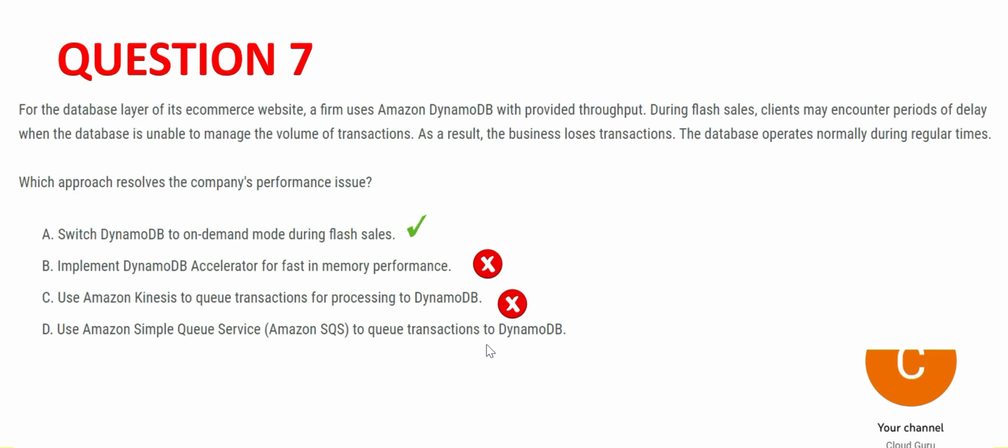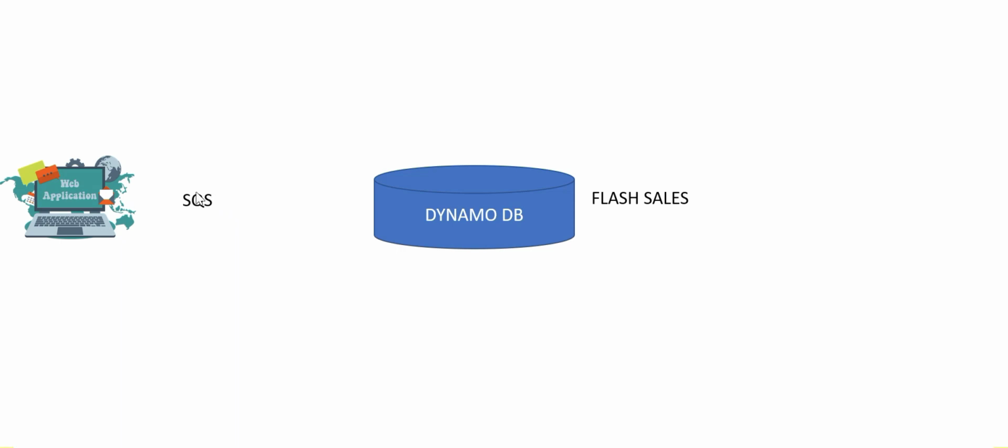On the same lines, D is also wrong because SQS would also sit in between, and it will hold the transactions, and it will create a queue. It will send the transactions in queues depending upon how much DynamoDB can take. See, in order to solve this problem, we will have to enhance the capacity of DynamoDB. Just adding one person who will maintain a register.